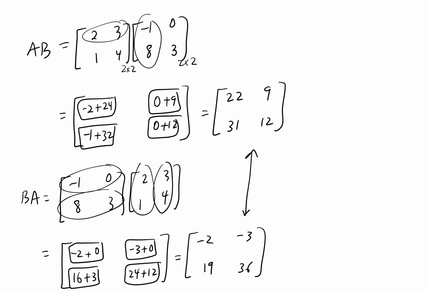They are not the same. It doesn't mean we did something wrong. It just means matrix multiplication is not commutative.